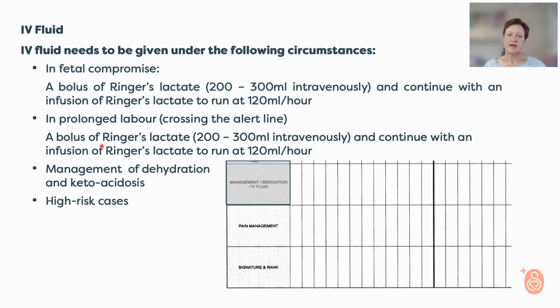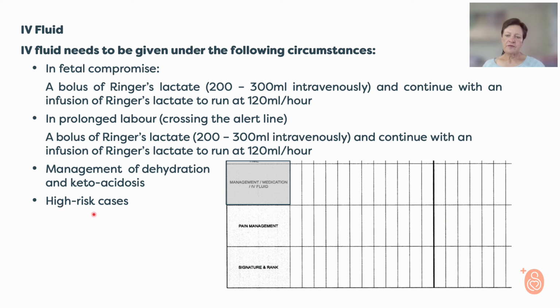And then also in the case of prolonged labor, the mother, as I've said, might become dehydrated and ketoacidotic, and this will also help for that. That's why I'm saying here, in the management of dehydration and ketoacidosis.